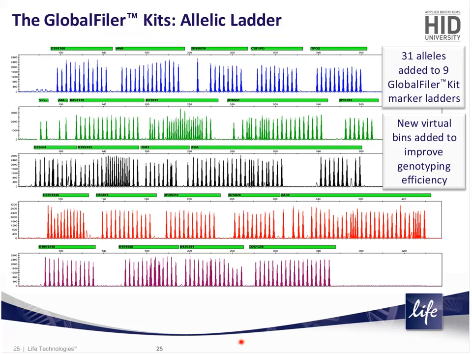So what you'll be able to see is you can genotype up to nearly 600 alleles using this allelic ladder. And when you combine that with the efficiencies of GeneMapper IDX as an expert system, that's a huge efficiency gain for the laboratory and far fewer repeats when you put that system together.